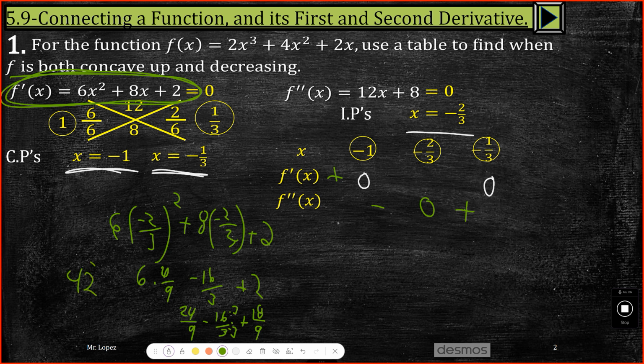And then this is what? Negative 48? It's going to be negative, huh? So you just got to know the sign. It's so close. It did change. And test the other one over here, and it's going to be positive.